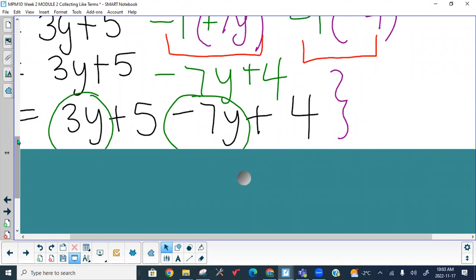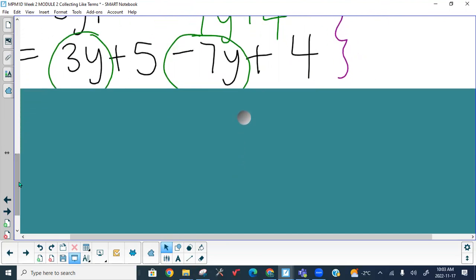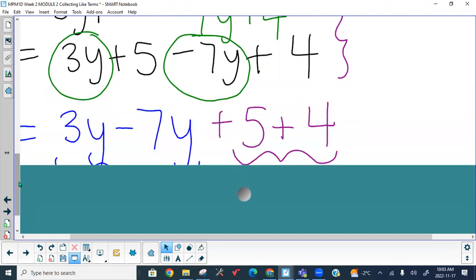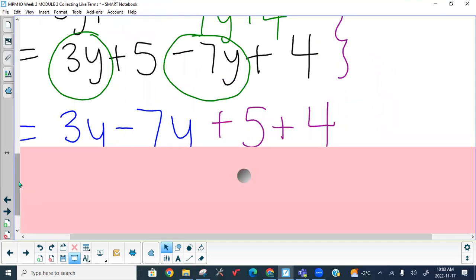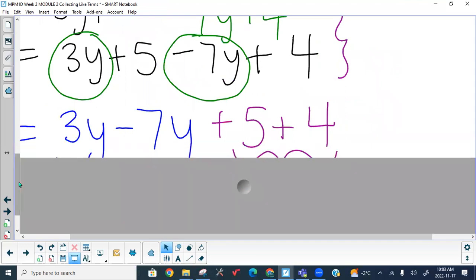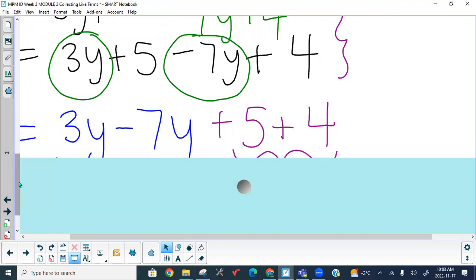Now, this is the exact same sentence, but I have circled the like terms. So this goes back to Unit 5, where we have to rewrite the equation with the like terms right next to each other. So that means I'm rewriting the equation with 3y and negative 7y next to each other, positive 5 and positive 4 next to each other.